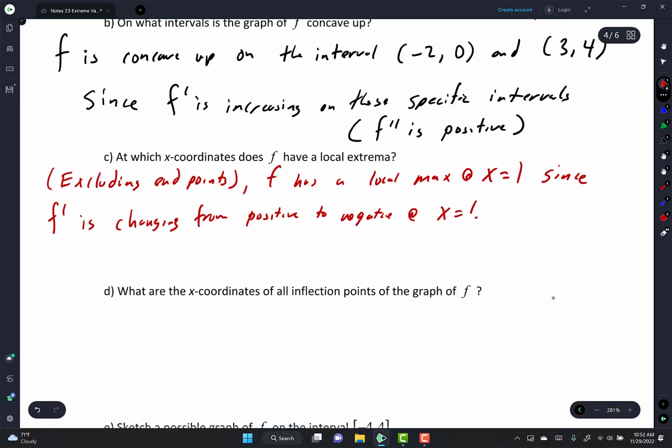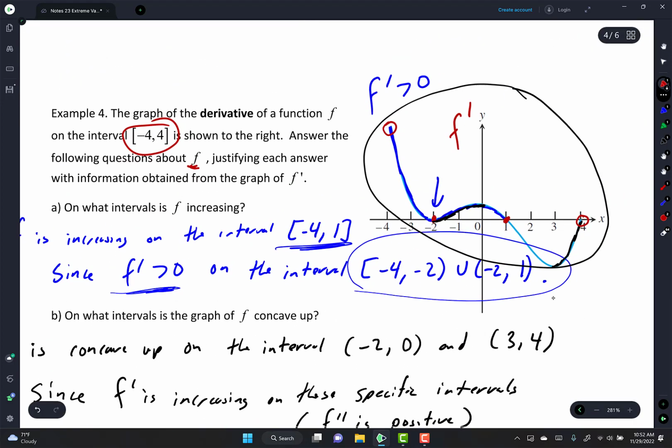So I am looking where my second derivative changes from positive to negative or negative to positive. I don't have my second derivative. Or where my f prime changes from increasing to decreasing or vice versa. Does that make sense, guys?